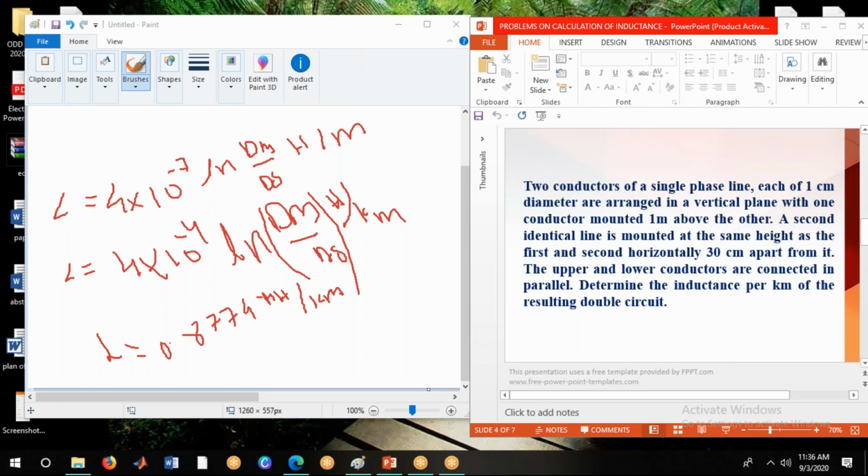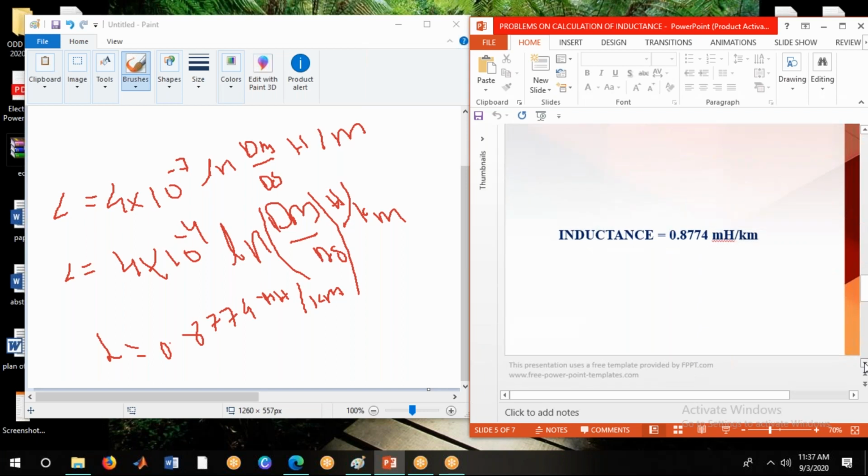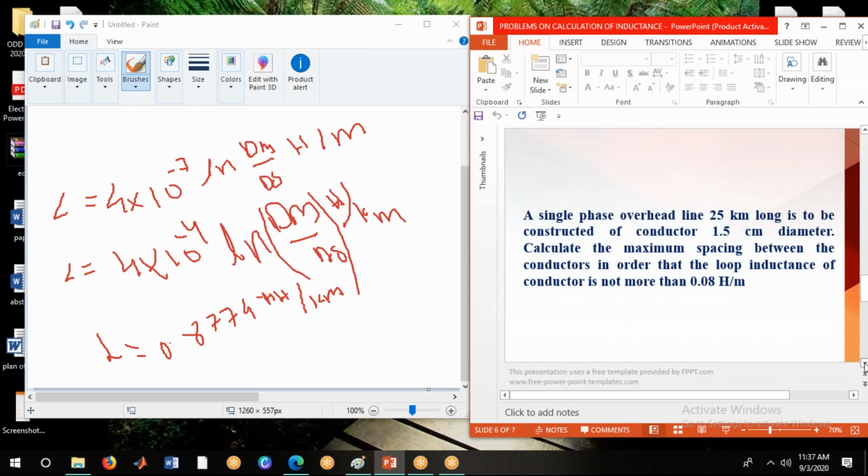Now we go for the next problem. So this is the answer. You can see on the screen 0.8774 millihenry per kilometer. Right. So this is the third problem and the last problem in this class. Just note this.